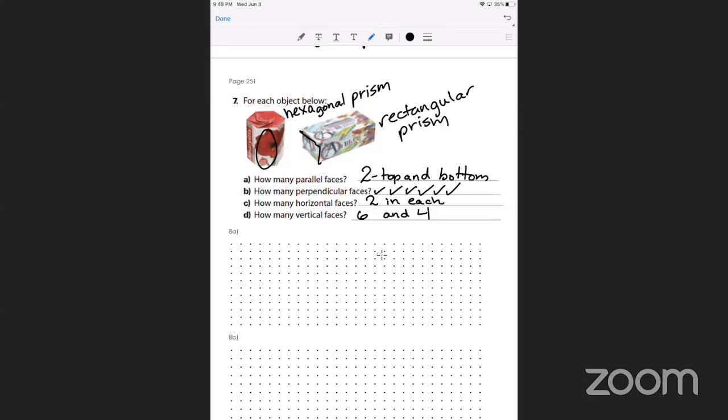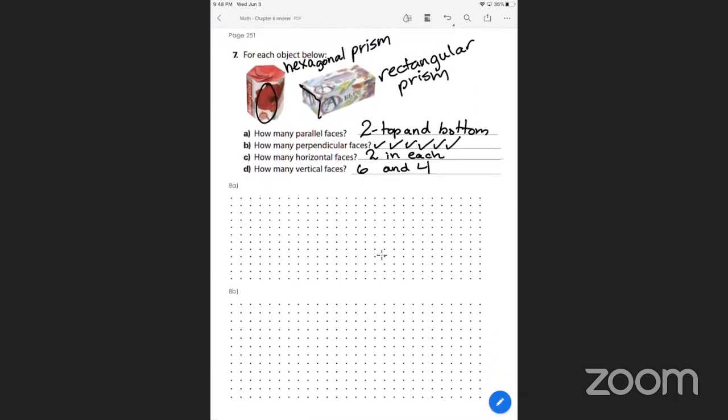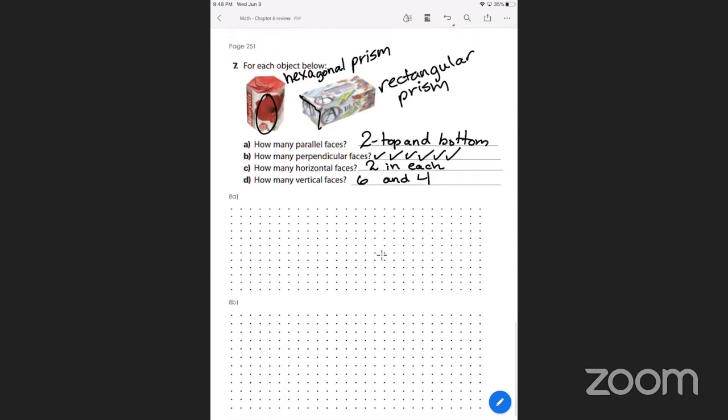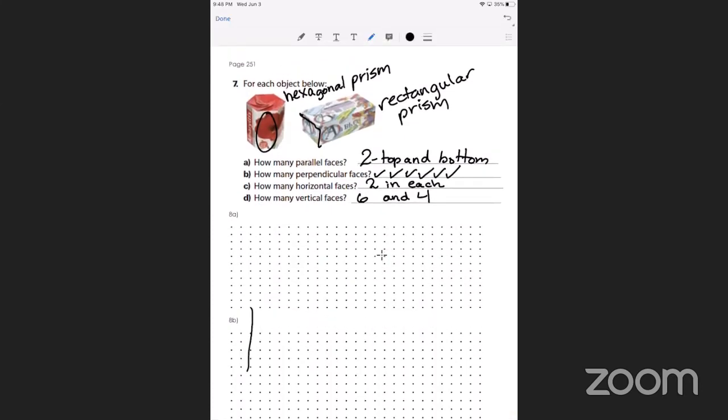Okay. So that's going to be, 2B will be a rectangular prism. Because we have 2, whoopsie.